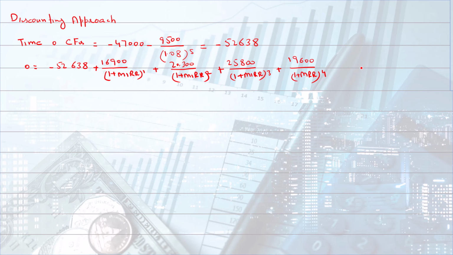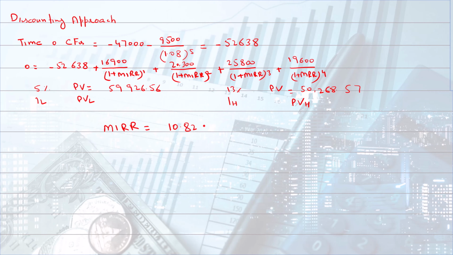We have calculated that at 5% interest rate the present value is 59,926.56, and at 13% the present value is 50,268.57, that is IL, present value L, and IH, present value H. If we solve this for IRR, then the MIRR is equal to 10.82%.